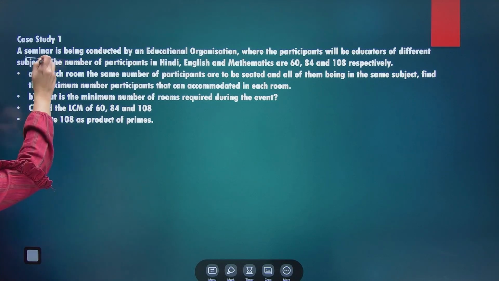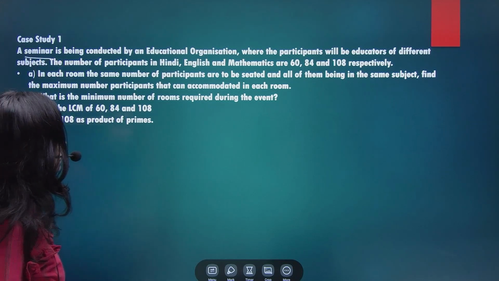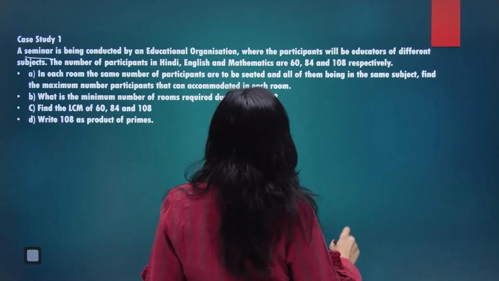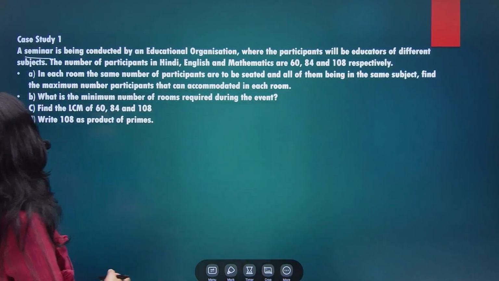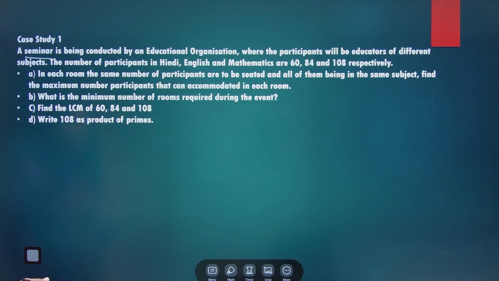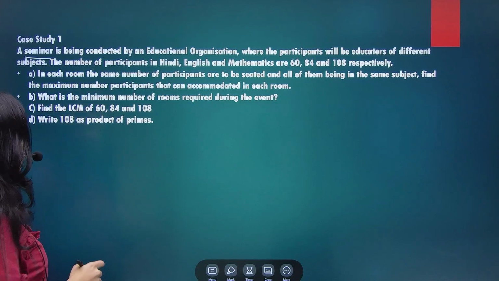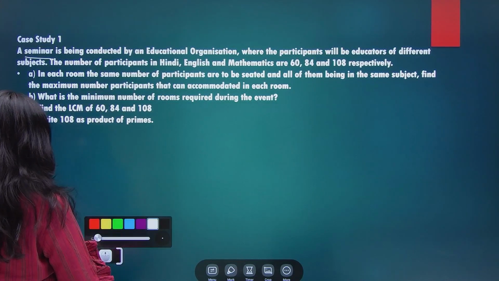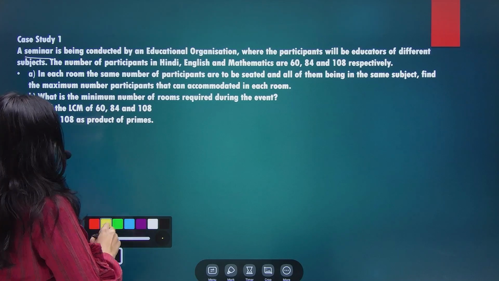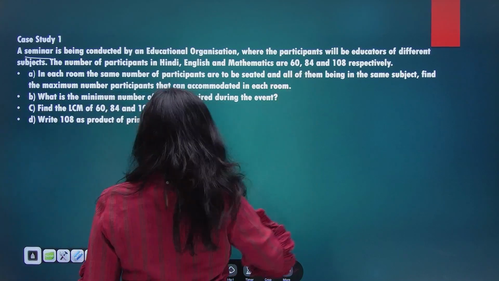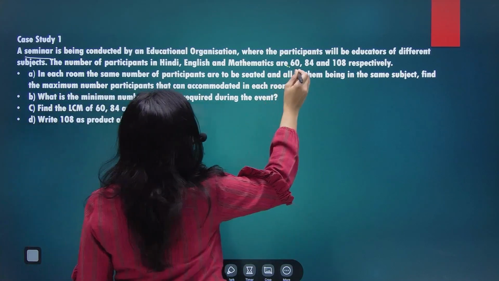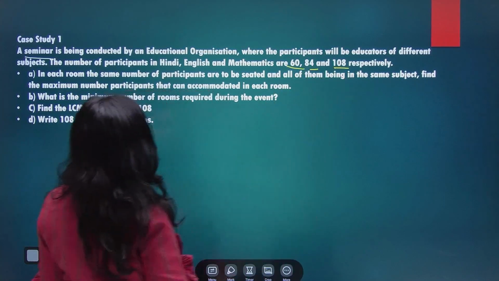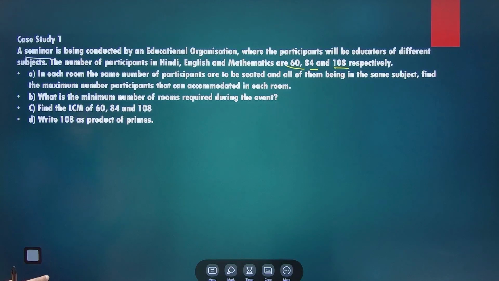A seminar is being conducted by an educational organization where participants will be educators of different subjects. The number of participants in Hindi, English and mathematics are 60, 84 and 108 respectively. तो हिंदी का पार्टिसिपेंट 60 हैं, इंग्लिश में 84 हैं और मैथमेटिक्स में 108 है.